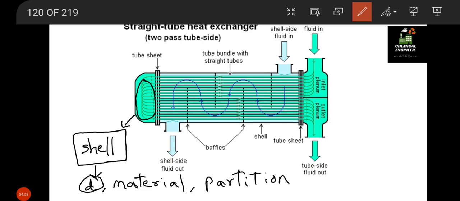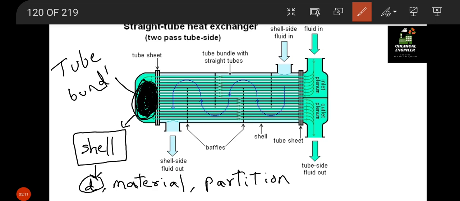So these tubes in general will make a circle like this, and this circle will have some diameter. We call this the tube bundle, or bundle diameter, as it looks like a bundle.